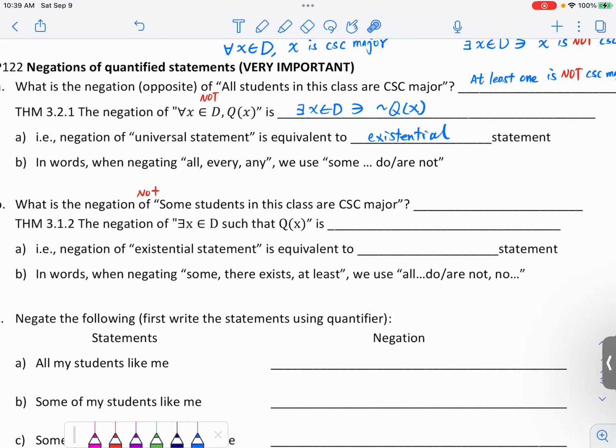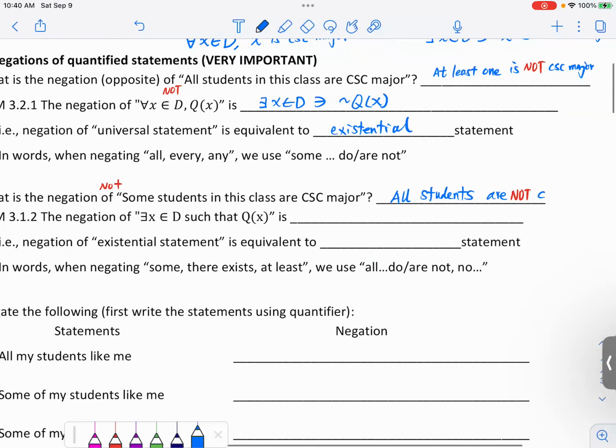That means nobody is a computer science major, right? Or equivalently, that is the same as saying all students are not computer science majors. All students in this class, of course, are not. Let me emphasize this not again: are not computer science majors.